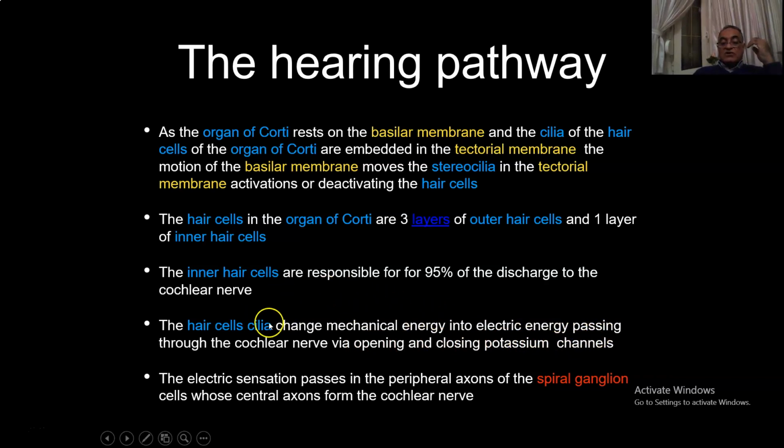So the function of the hair cells present in the organ of Corti is to change the vibrations present in the basilar membrane, and accordingly in the hair cells, into electrical energy via the potassium channels, closing and opening some of the pathways of the hair cells, and the electric sensation passes in the peripheral axons of the spiral ganglion, whose central axons form the cochlear nerve.